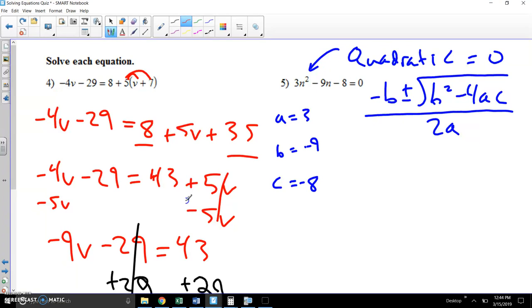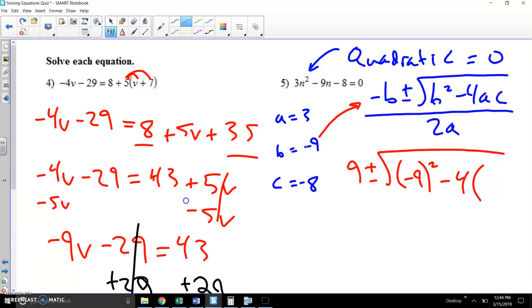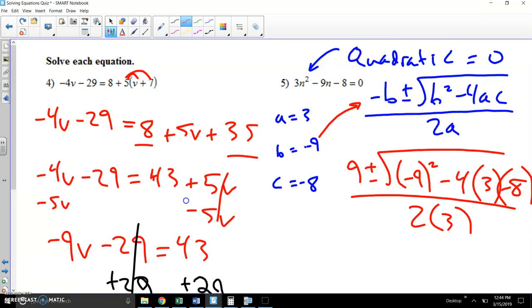So we're going to start by putting it in the formula. Negative, negative, positive 9. B squared, B is negative 9, minus 4 times A, which is 3, and C, which is negative 8. Let's divide all of that by 2 times A, 2 times 3.